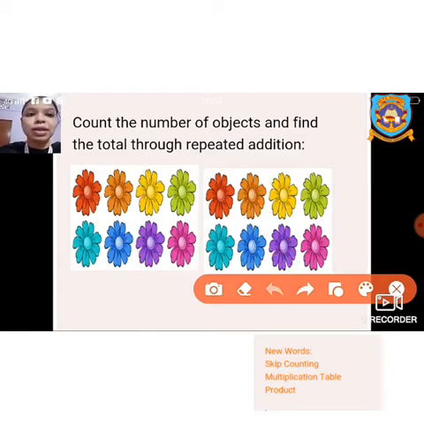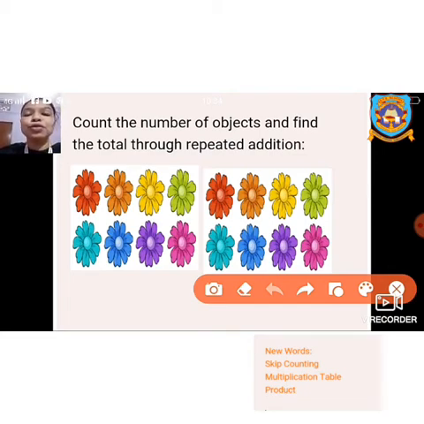There are 4 flowers in the first group, similarly 4, 4 and 4. So in each group there is an equal number of flowers. 4 groups and each group has 4 flowers.